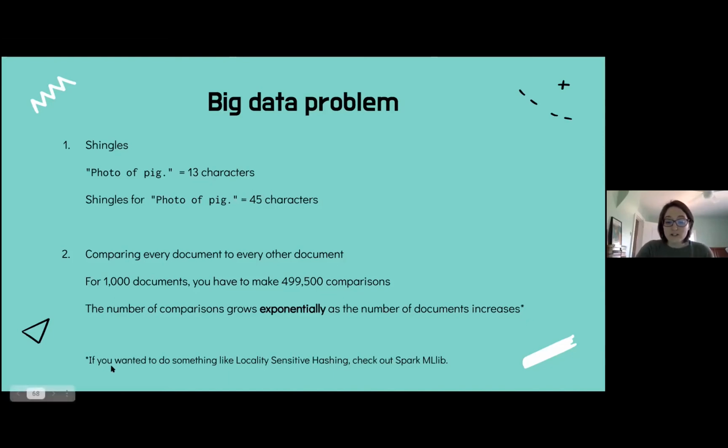If you wanted to do something like a locality sensitive hashing algorithm, Spark MLlib does have tools for that. They have libraries for that built in. We're not going to do that today just because I want to keep it simple for those of us in the room who aren't data scientists already. So we're not going to look at that kind of stuff. We're just going to brute force it and actually compare every document to every other document.